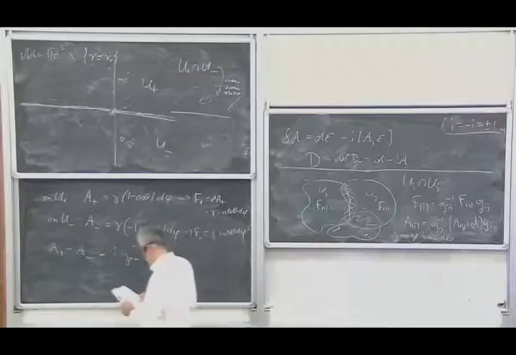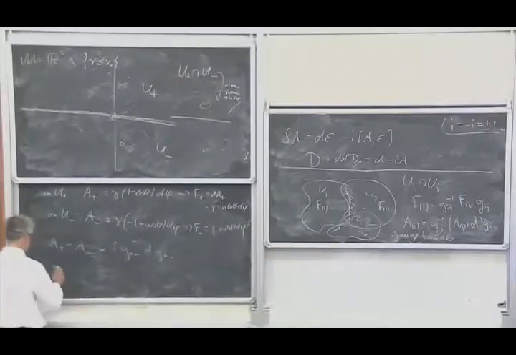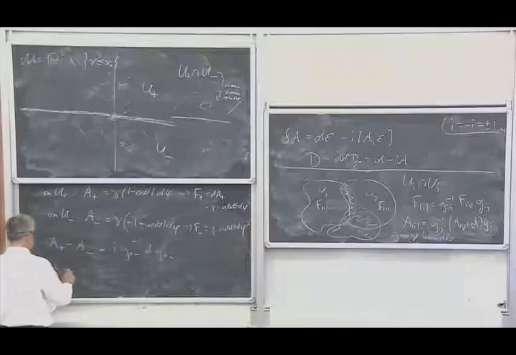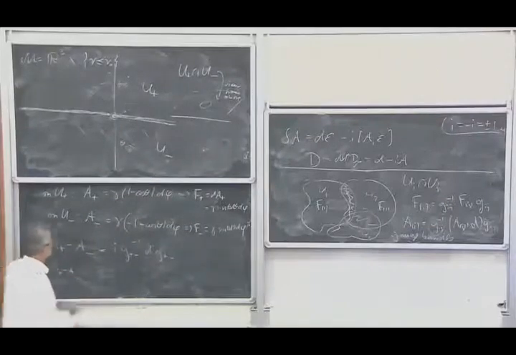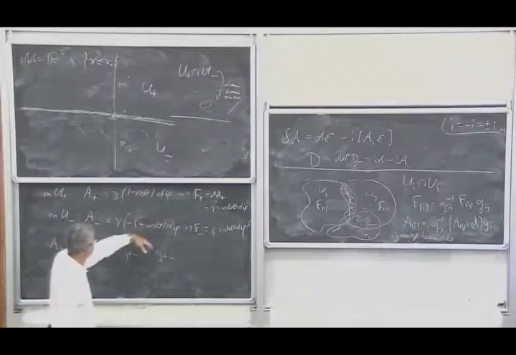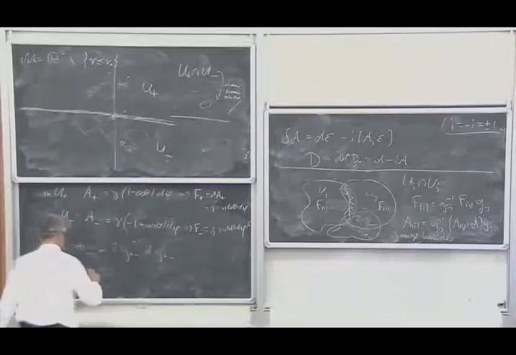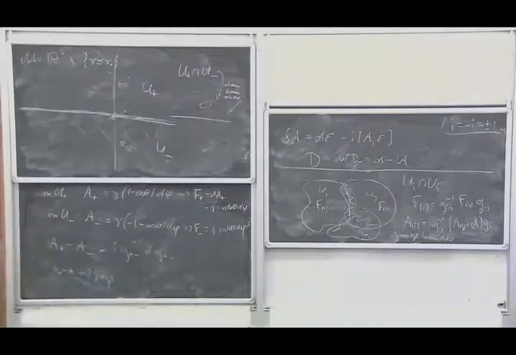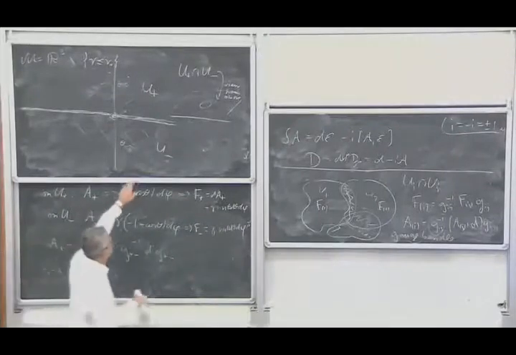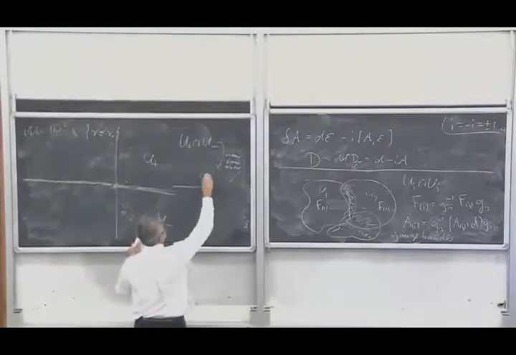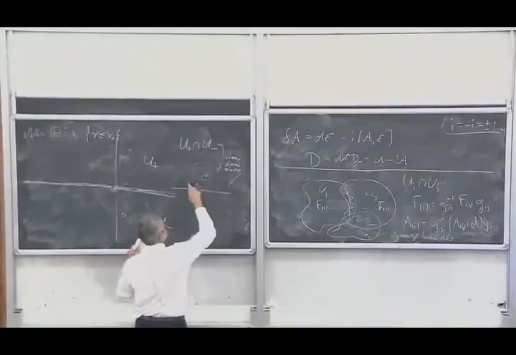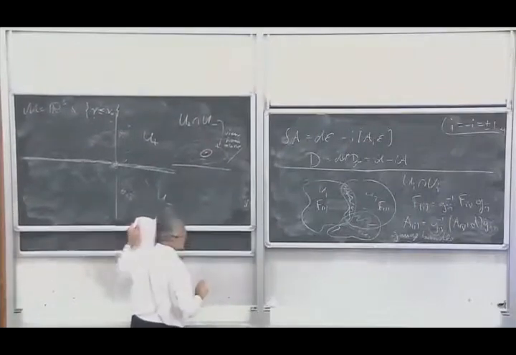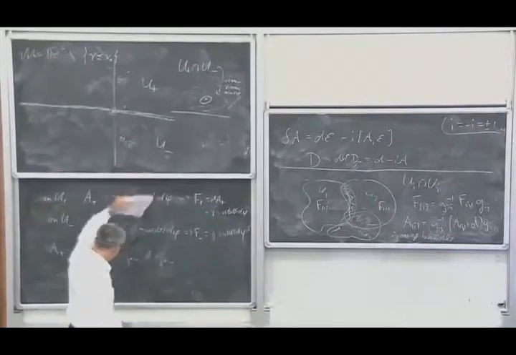Okay, so let's see what is A plus minus A minus. A plus minus A minus is this minus this, so the cosine goes away. It's 2 gamma d phi. 2 gamma d phi is a well-defined one form, except at, well, here it wouldn't be well defined, but my overlap is everything outside this little disk cut out. So that's a well-defined one form on the overlap.